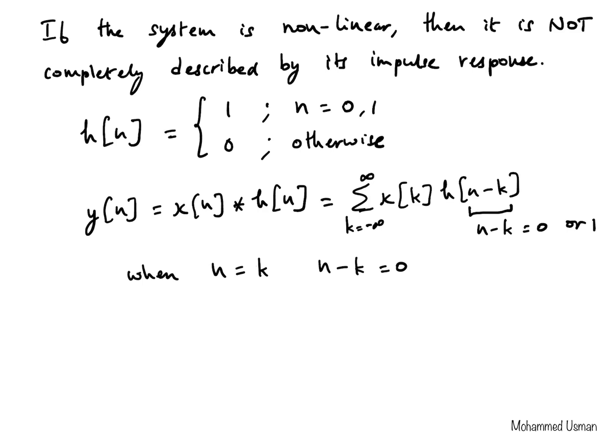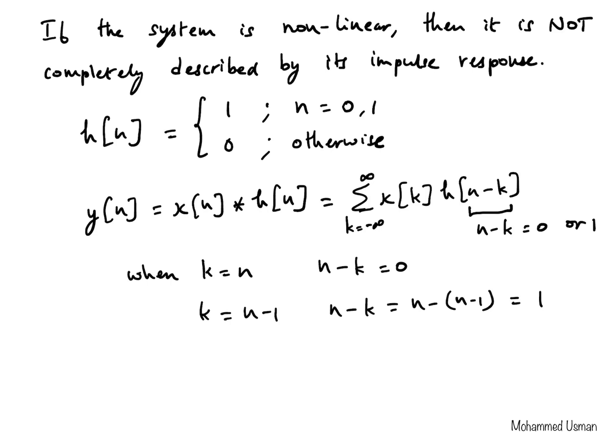Let me write that in a different way: rather than saying when n equals k, I'll say when k equals n. So when k equals n, n minus k equals 0, and when k equals n minus 1, we have n minus k equals n minus (n minus 1), which is equal to 1.